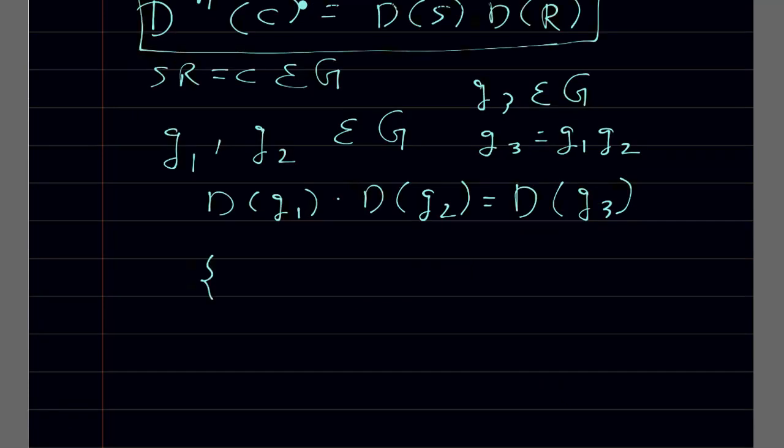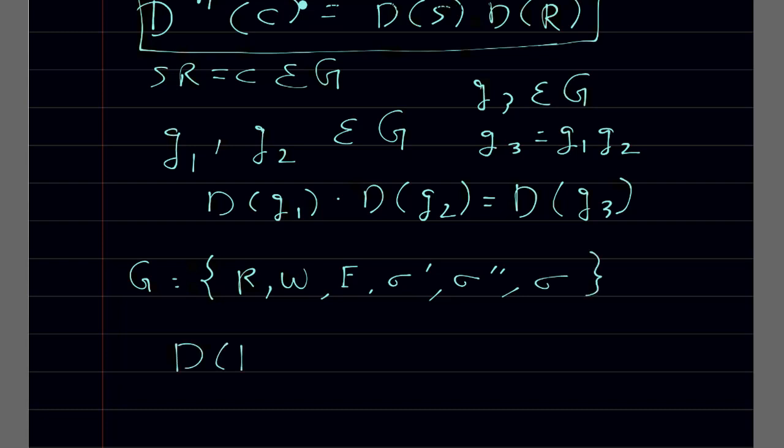Remember the group we discussed: R, W, E, sigma prime, sigma double prime, sigma. So if you know the representation of R and if you know the representation of W, then you know where RW goes. You say RW goes to some element, then the representation of that element can be calculated from here.